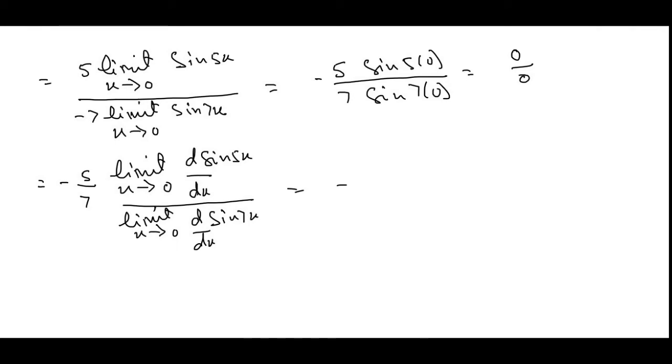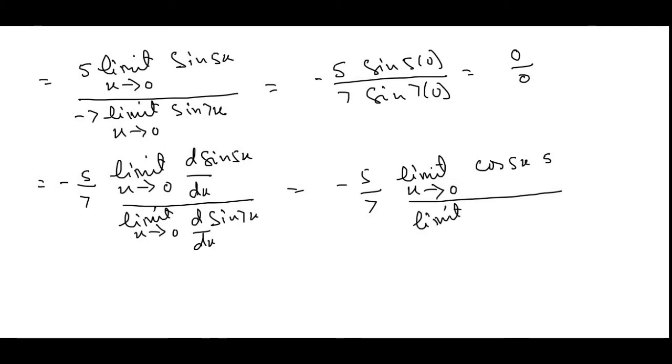So it will be minus 5 over 7, limit x approaches 0, cos 5x, then the derivative of the angle, which is 5, and limit x approaches 0, cos 7x, and the derivative of the angle is 7.